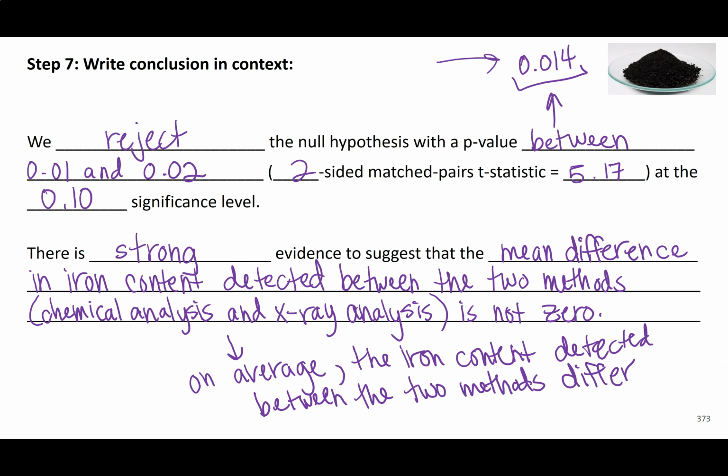So it's saying, yeah, on average, it does look like the iron detected between the two methods, they differ. I would be more specific, I would mention what the two methods are, but that is the gist of it. It's a bit more awkward to say, oh, no, we have strong evidence. That mean is not equal to 0.